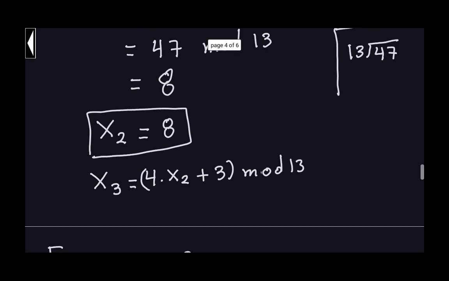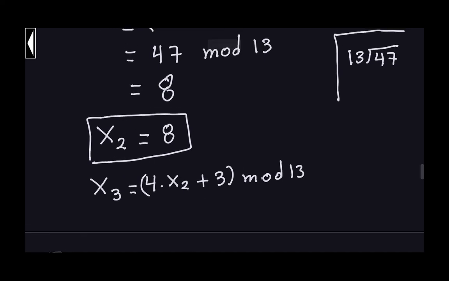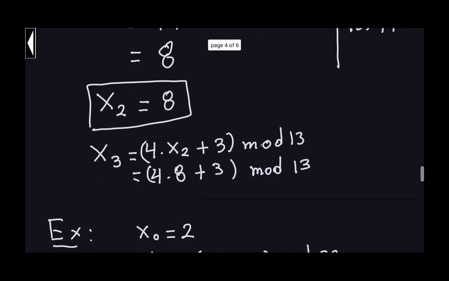I already know what x2 is because I computed it already. So this is equal to 4 times 8 plus 3, mod 13. That's going to be my next number in the sequence.